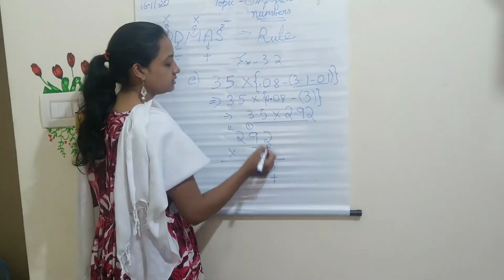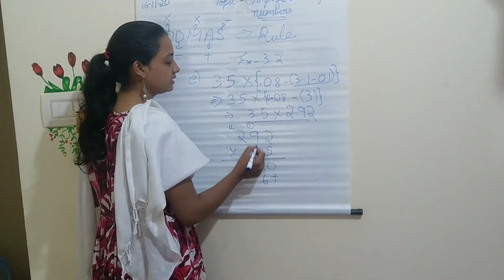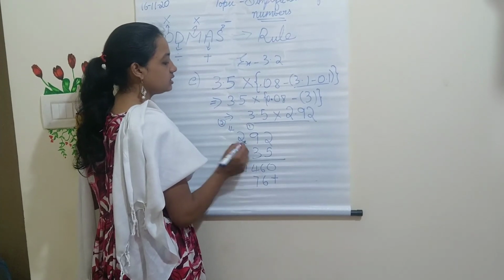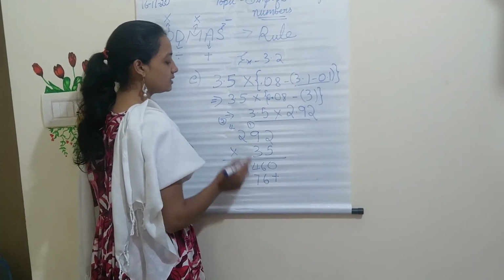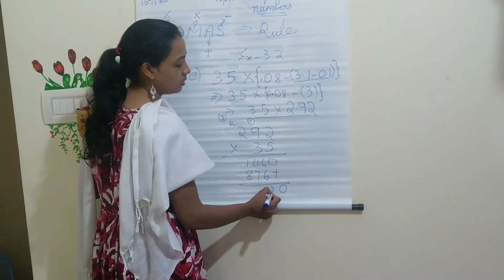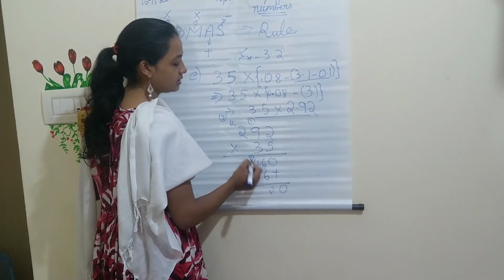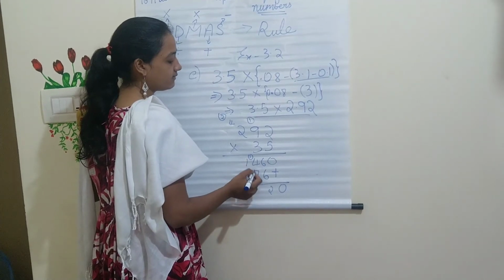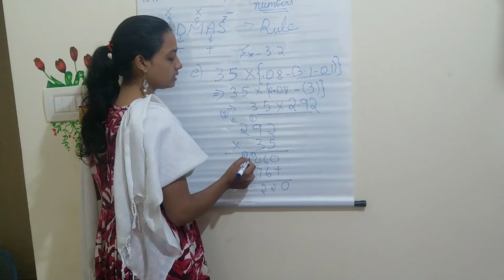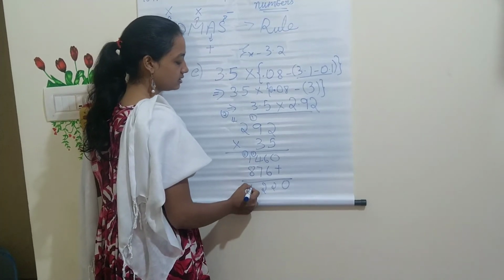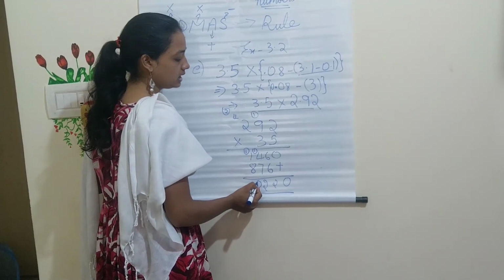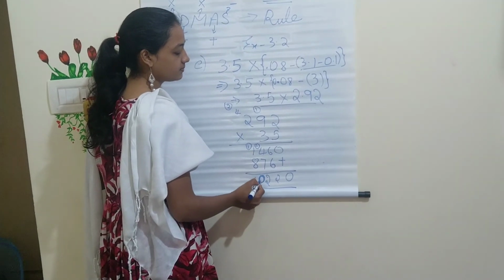Plus 3 2s are 6. 3 9s are 27. 3 2s are 6, plus 2, 8. Then 12, I get 11, 12 again. 8 plus 1 is 9, plus 1, 10. Children, addition you all know, so I am not going into detail. I am doing it a little faster.